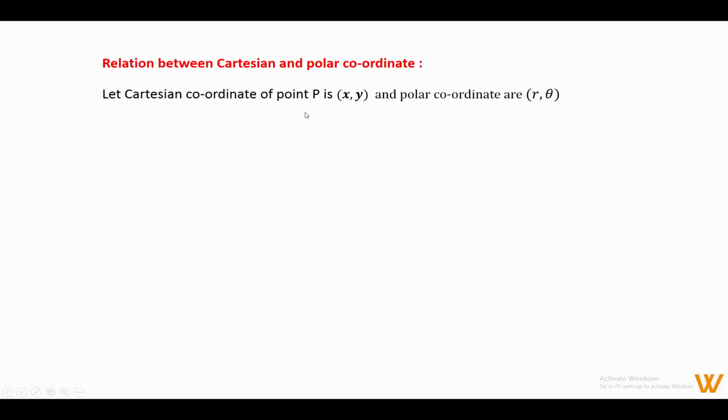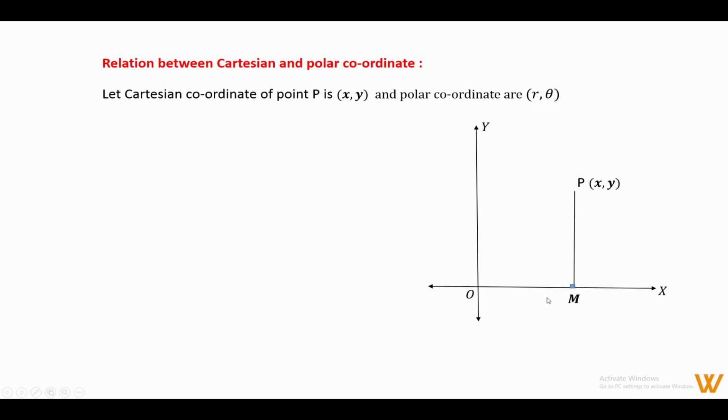Let the Cartesian coordinates of point P be x, y and the corresponding polar coordinates of point P be r, theta. So for that, consider a two-dimensional plane. This line is the x-axis, this line is the y-axis, this point is the origin. Now point P has Cartesian coordinates x, y, so draw PM perpendicular on the x-axis.